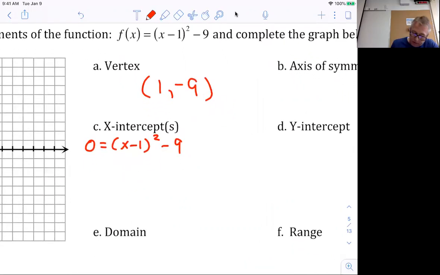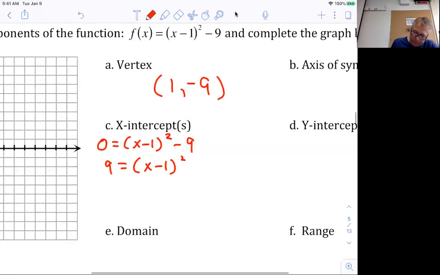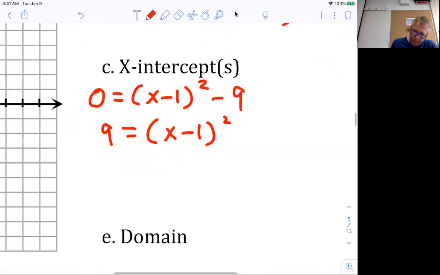So let's solve this thing. Move the 9 over. I have 9 equals the quantity (x minus 1) squared. Take the square root of both sides. So don't forget the left side is going to be plus or minus. That's where we get our 2 answers. And the right side is x minus 1.